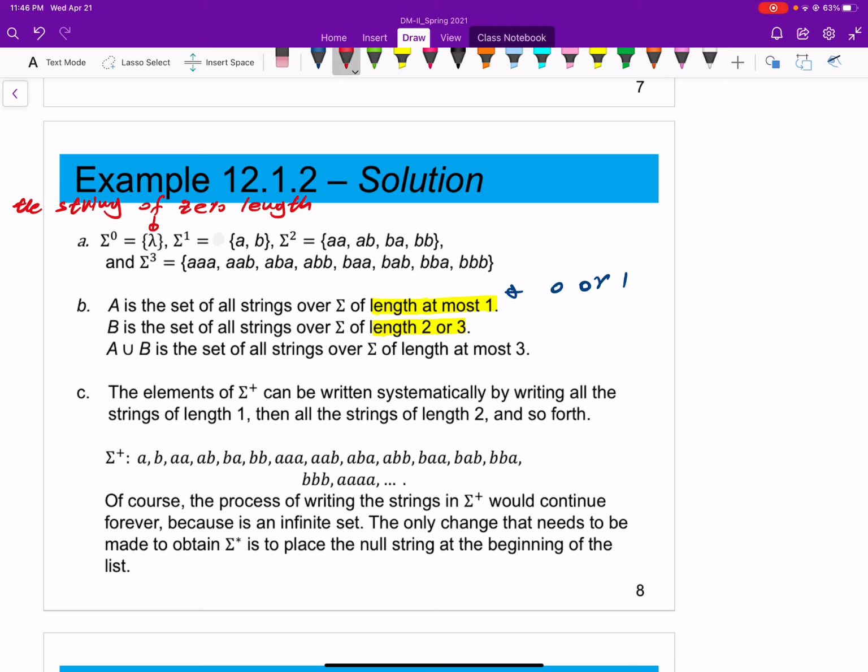That means union of this and that. The first case is length at most 1 and then length 2 or length 3. When you combine them, it is length at most 3. That is A union B.